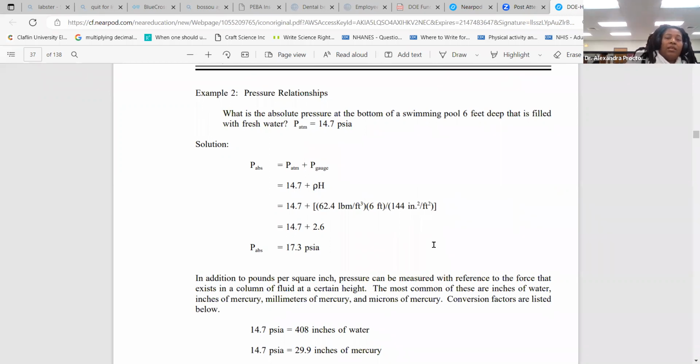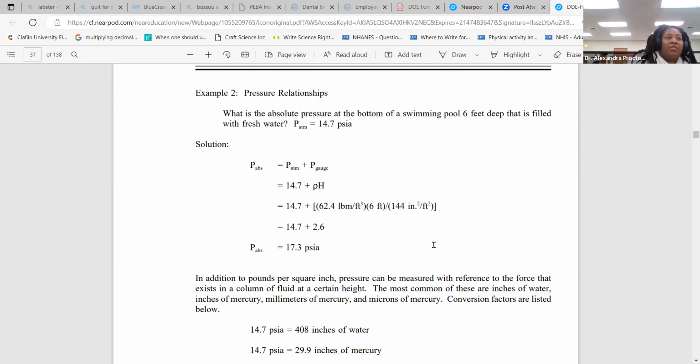62.4 pound mass per cubic foot is the density that they gave for a swimming pool. In the first one, we're talking about the ocean.